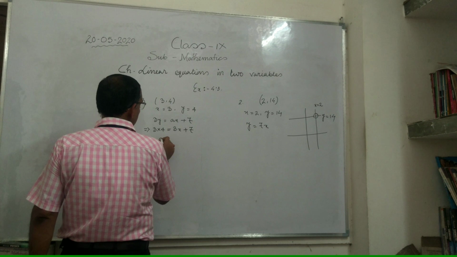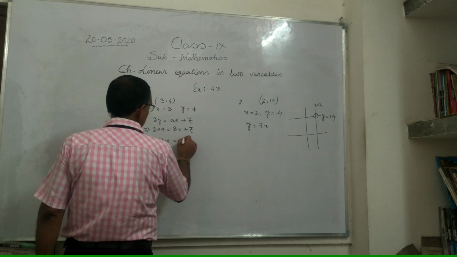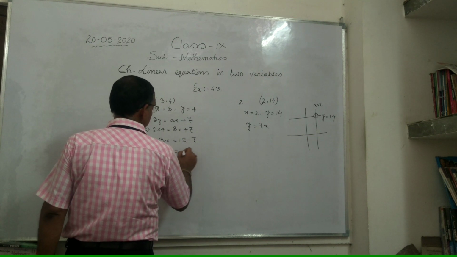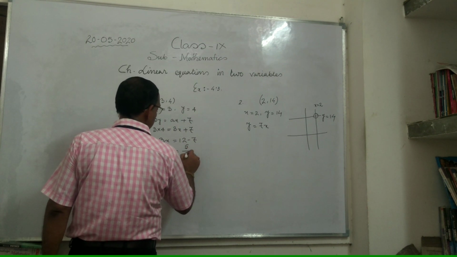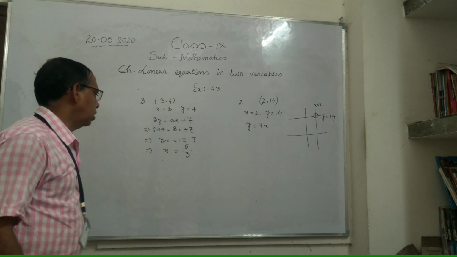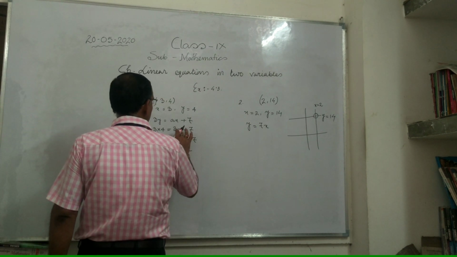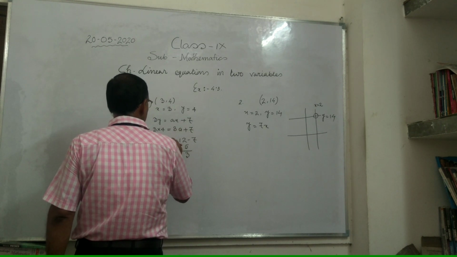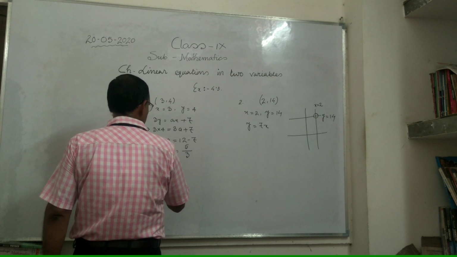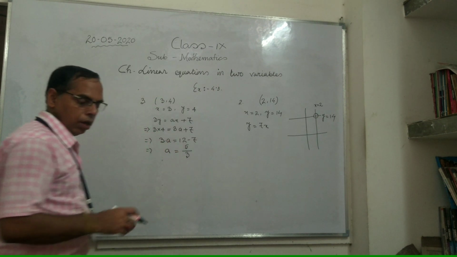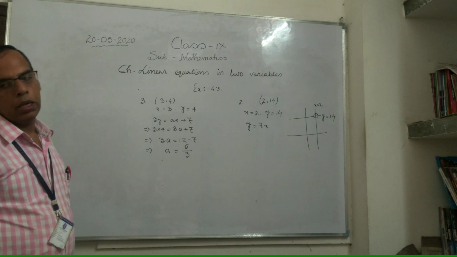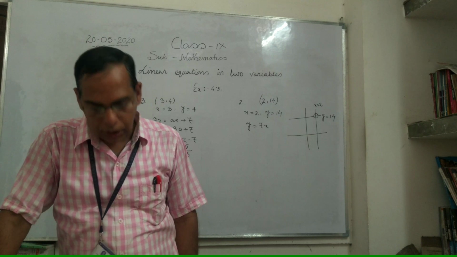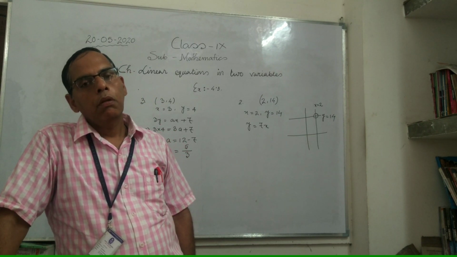Then 3a equal to 12 minus 7, which implies a equal to 5 by 3. I have written x here, it's supposed to be a. So the value of a is 5 by 3. Same as the last exercise. Okay.